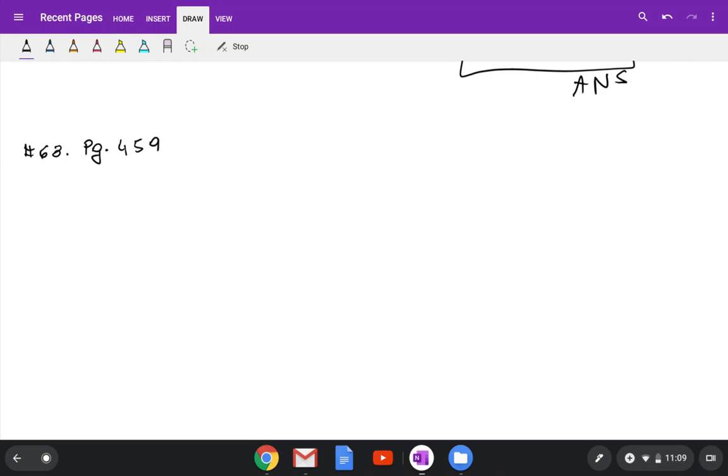Here we have 1/3 times log, and you don't see the base of the log, which means it's 10, the common log, of x to the third power plus 1, plus 1/2 times log of x squared plus 1. So we need to rewrite that as a single log.